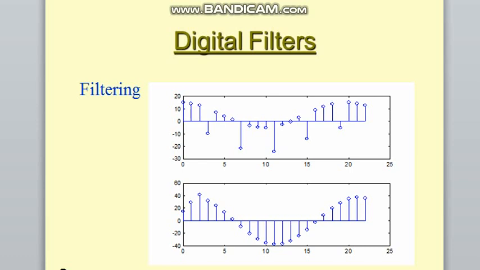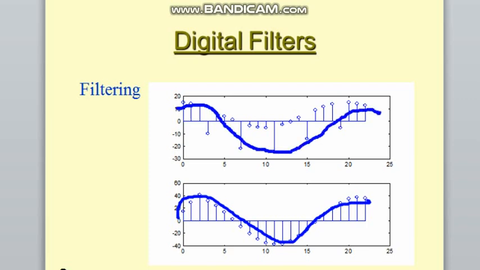After filtering, a smooth signal comes through. If it is the original signal, it cannot be extracted like that, because some scattered values are going up and down.